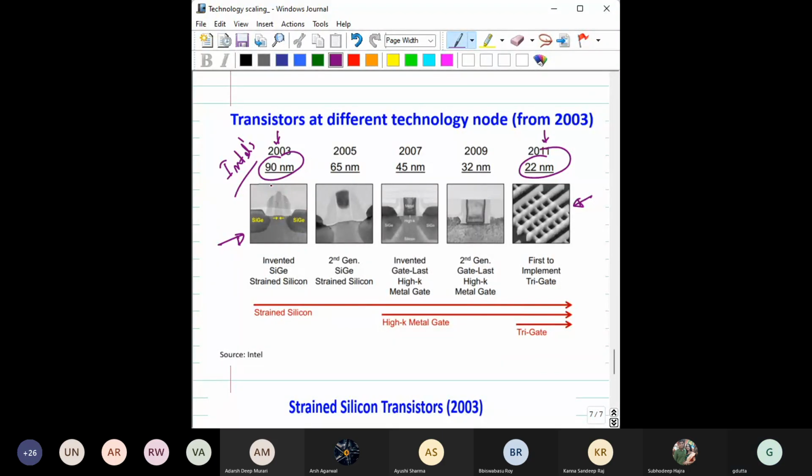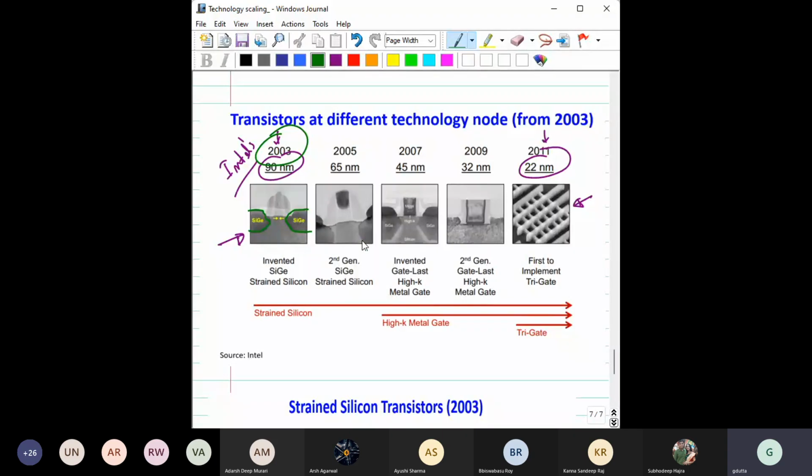In 2003, Intel introduced the silicon germanium strained silicon gate. Here you see the source and drain region. It is no longer silicon. Earlier, it used to be heavily doped silicon, either N++ or P++. But now they have changed it completely. They have made it silicon germanium, because silicon germanium has a different lattice constant.